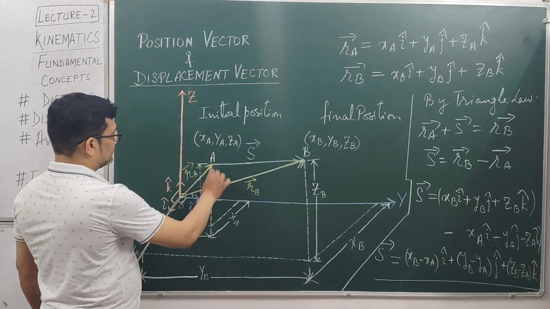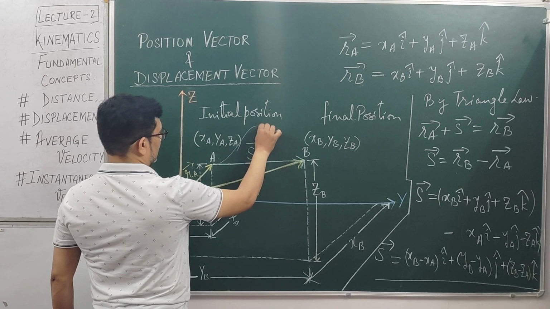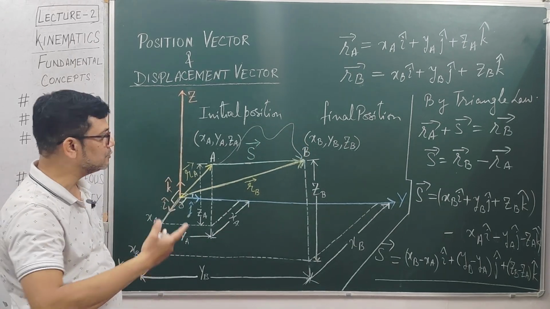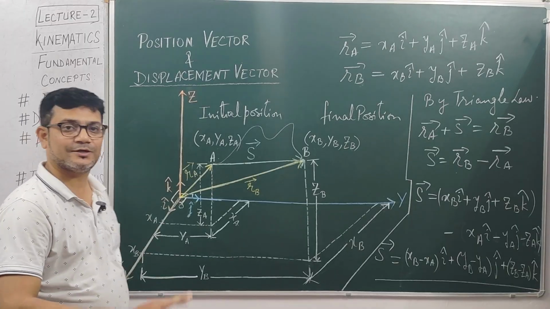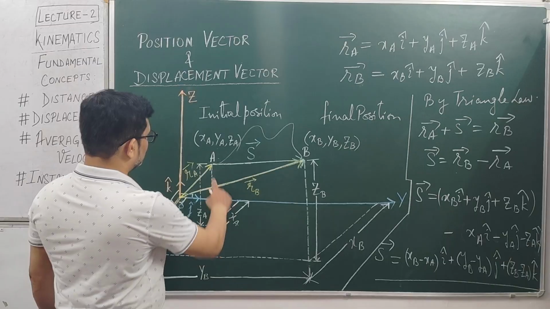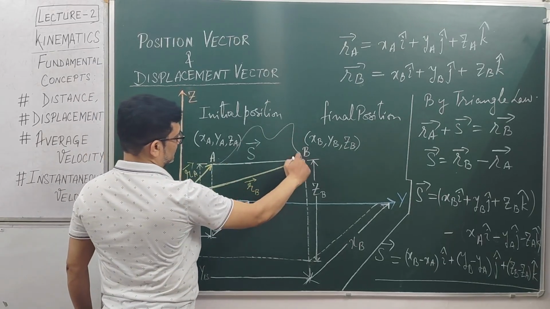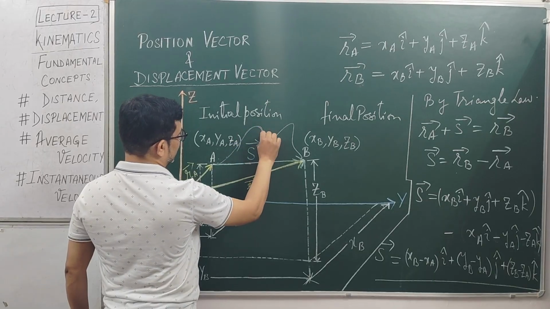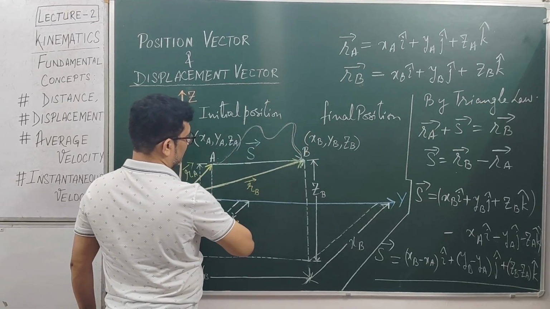Suppose I draw a path here and I want to show the difference between distance and displacement that we discussed in the last class. Suppose this is the actual path, okay? If you want to find the distance, you are going to calculate this actual path length.